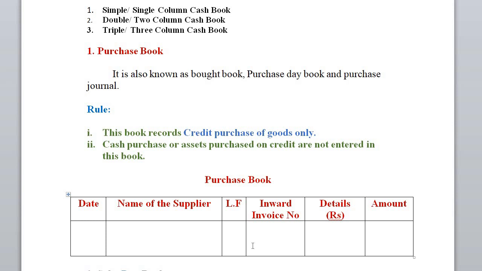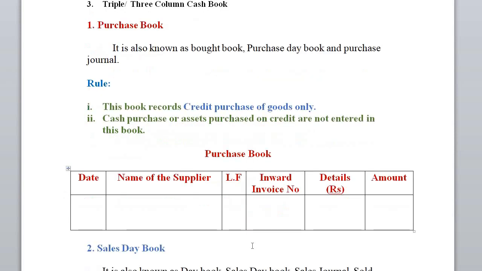Here, this purchase book is prepared like a statement. In that, the first column is the date, the second is the name of the supplier, the next column is LF, ledger folio. Then inward invoice number, detail, amount. So this is the pro forma of the purchase book.